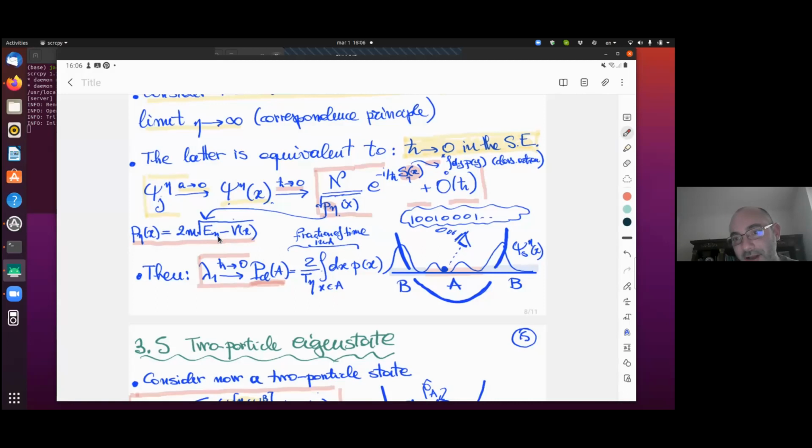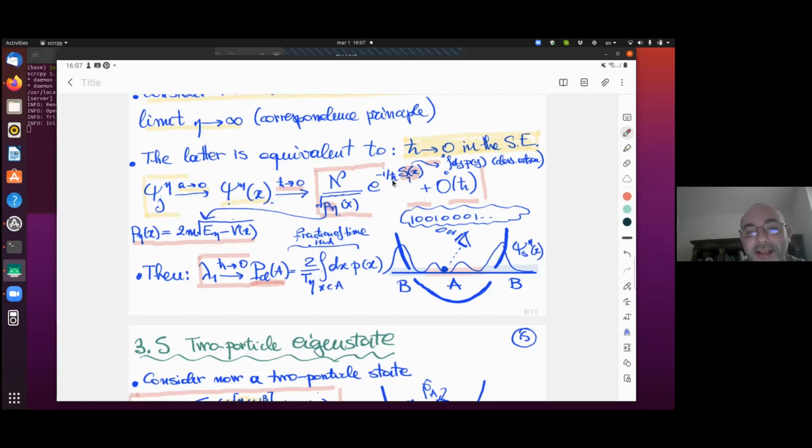So sending eta to infinity means taking P very large, and S very large compared to h bar, which you can take of order 1 in this case. That's the way in which you can also do the stationary phase analysis at the end.